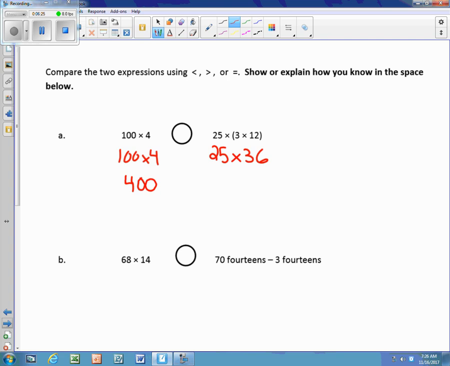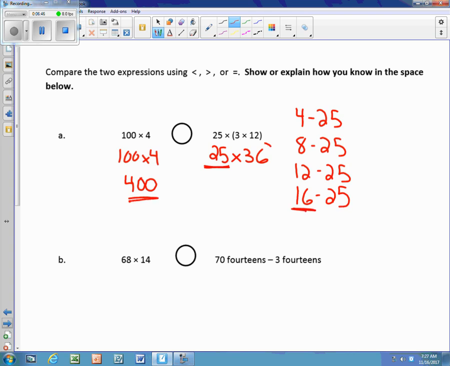Now I know over here that there are 4 25s in 100, so there's 8 25s in 200, and there's 12 25s in 300, and there's 16 25s in 400. Well, here's 400, and I need 16 25s, but I have 36 of them, so this is greater.